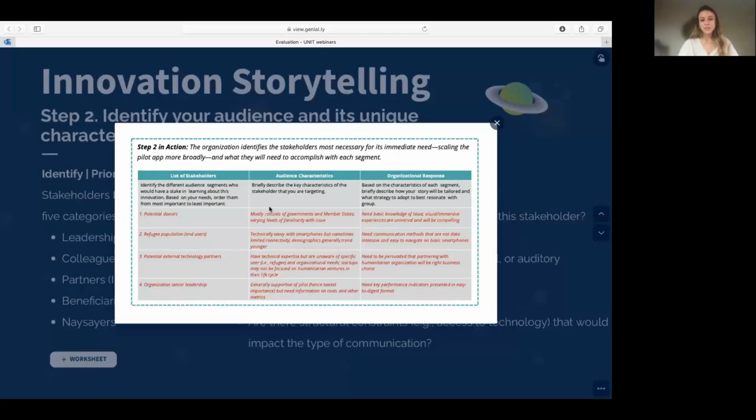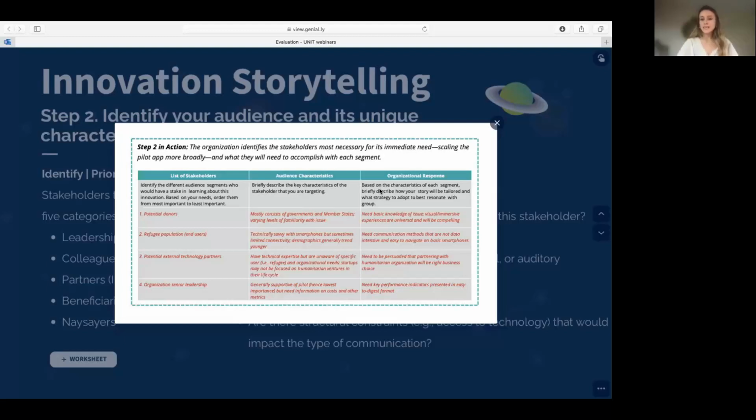And for potential donors, in audience characteristics, they have expressed that they mostly consist of governments and member states with varying levels of familiarity with the issue. Then the organizational response is that they need to express basic knowledge of the issue due to these varying levels of familiarity with it.